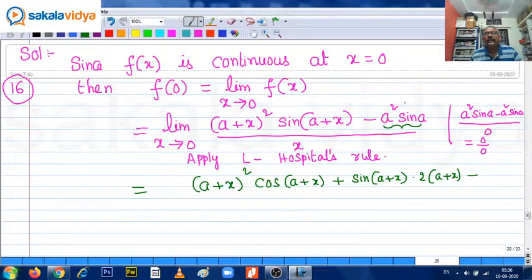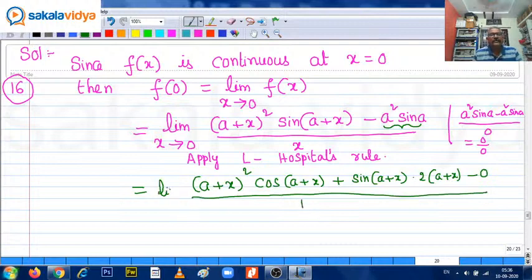So the differentiation of a square sin a is 0, upon x differentiation is 1. Now substitute the limit x tends to 0: a square cos a, plus 2 times sin a into a, here actually 2a sin a.